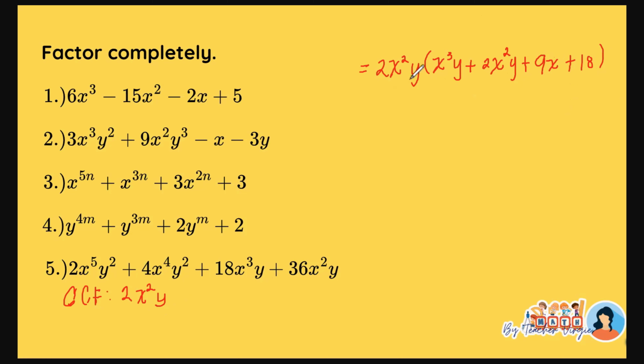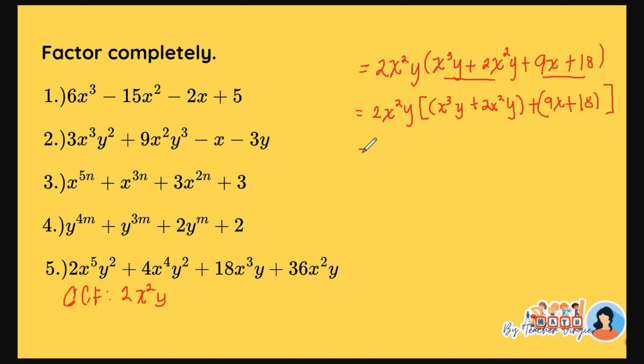Okay. Now we have 4 terms here, so still polynomials, and we can use factoring by grouping, but we will copy this one to our solution like this. Then let's group this one and this one. So I need to use other grouping symbols. So we have x cubed y plus 2x squared y, then plus 9x plus 18.